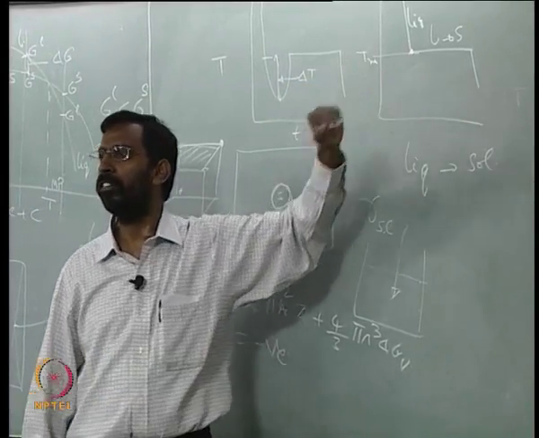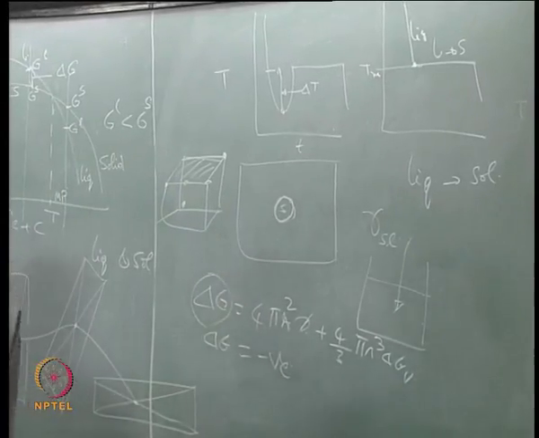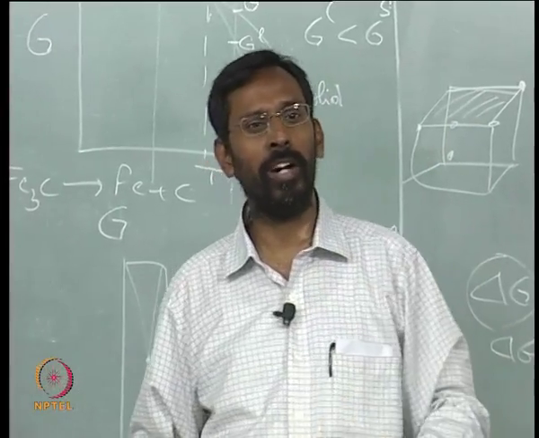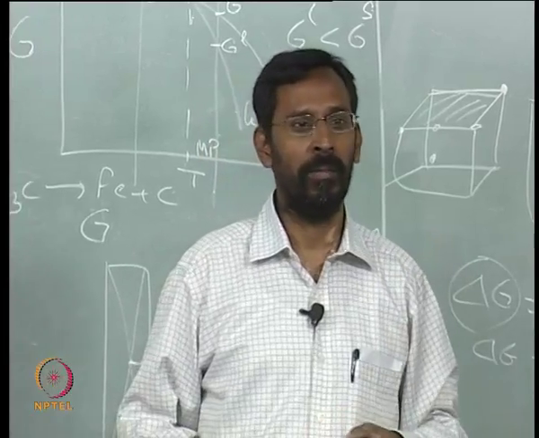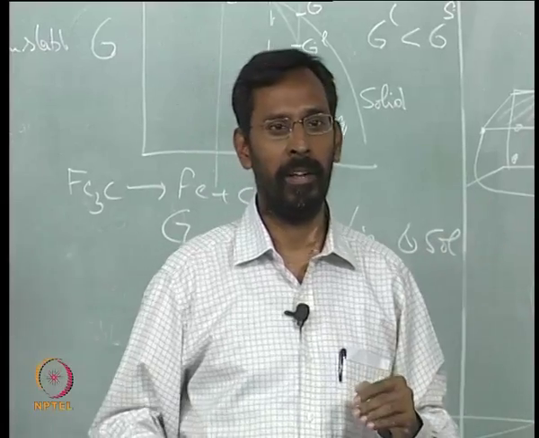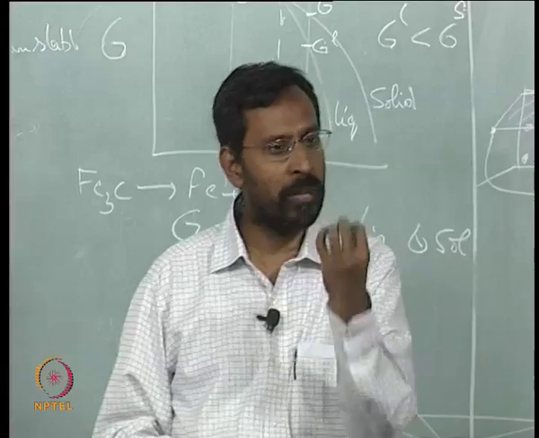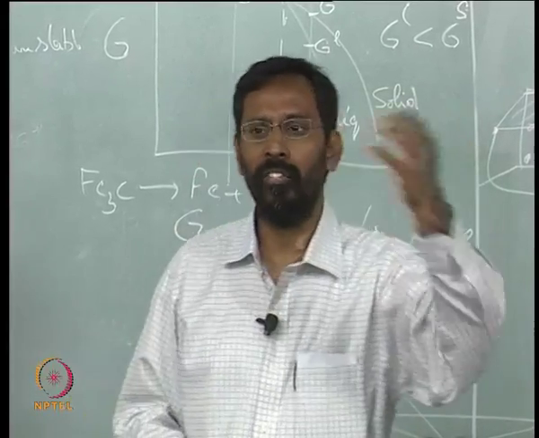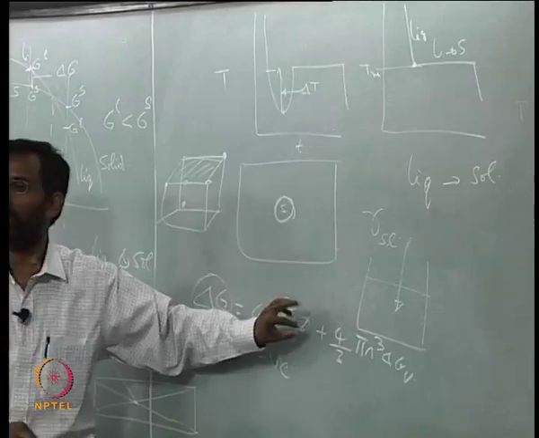Heterogeneous nucleation occurs when there are already certain particles available in the liquid. In fact, that is one of the concepts of what is called grain refinement, inoculation. People regularly use this term. If I add certain particles into my liquid and pour it into the mold, and these particles have a similar crystal structure to that of the solid that is coming out, then the surface energy is very low.